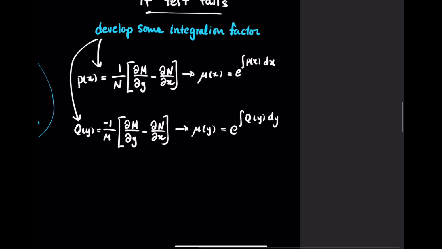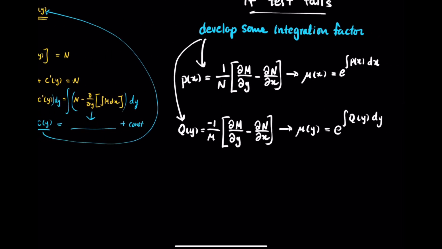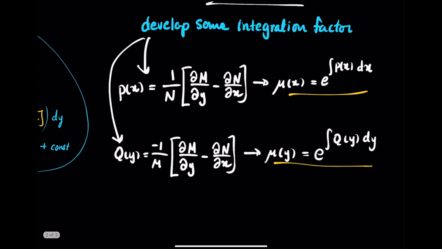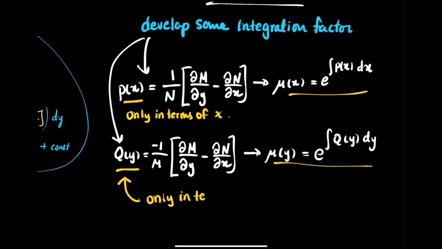Now this is important. This is what you have to do. You're either going to have some P such that it is only in terms of x, or you're going to have some Q such that it is only in terms of y.